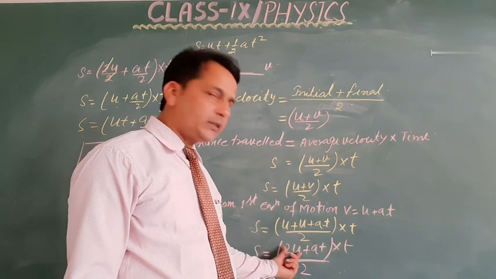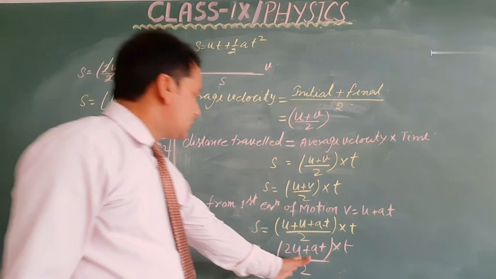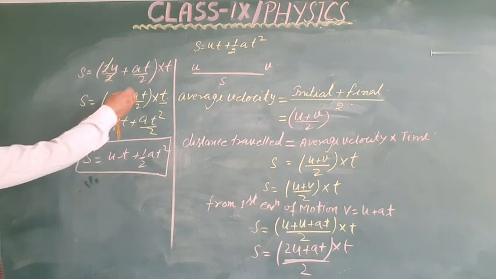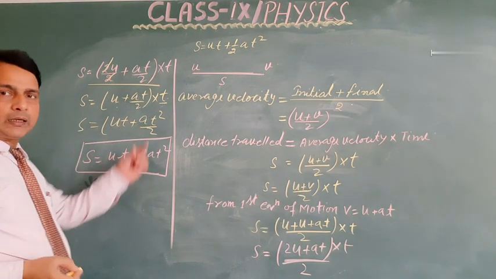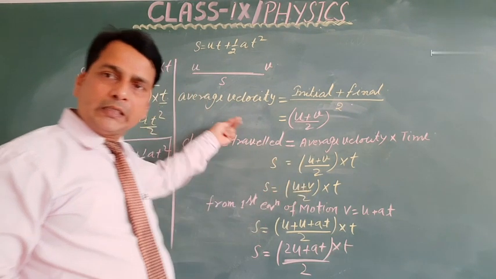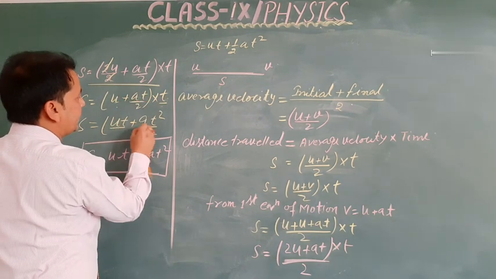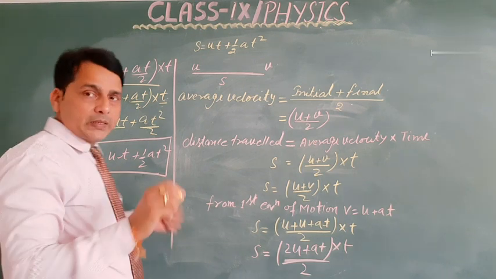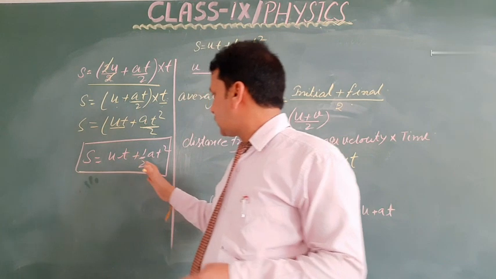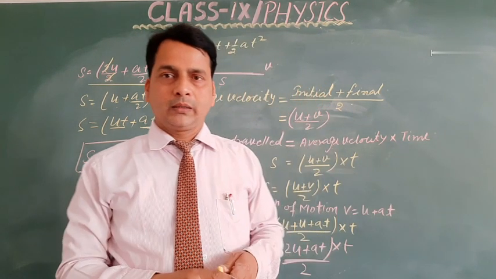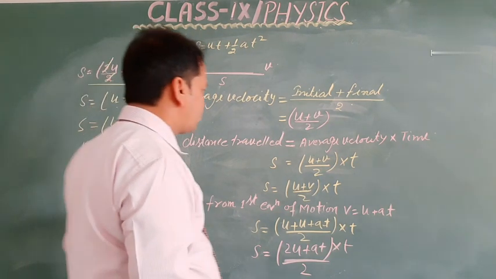Then u plus u is 2u plus at into t by 2. Separating the equation, 2u by 2 plus at by 2 into t. Then multiplying t inside the bracket, ut plus at square by 2. So the derivation of the second equation of motion is s equal to ut plus half at square.